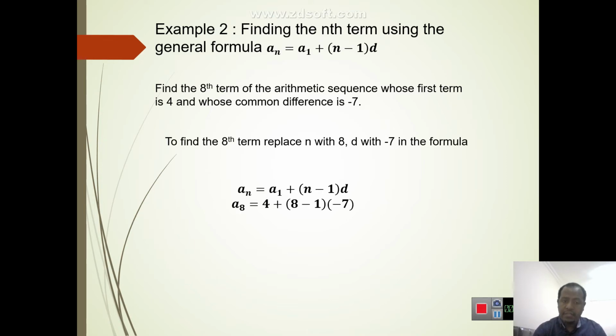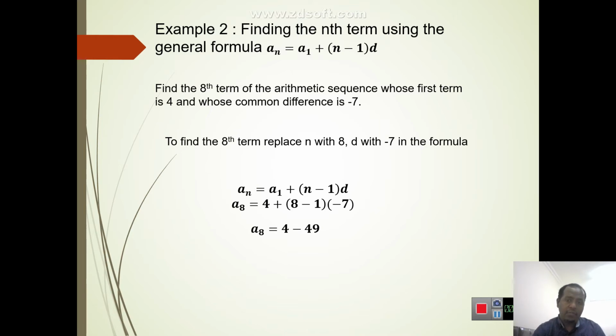n, which is 8, and plug the values of the first term and the common difference into our general formula. The general formula is a sub n is equal to a sub 1 plus n minus 1 times d. The value of n is 8, the value of d is negative 7, and the value of a sub 1 is 4. When you plug it in, you get a sub 8 is equal to 4 plus 8 minus 1 times negative 7.